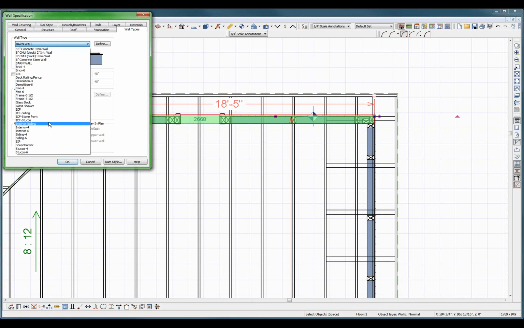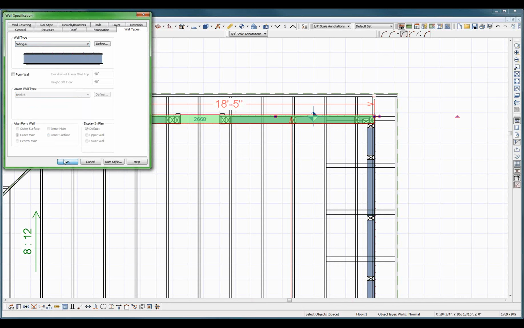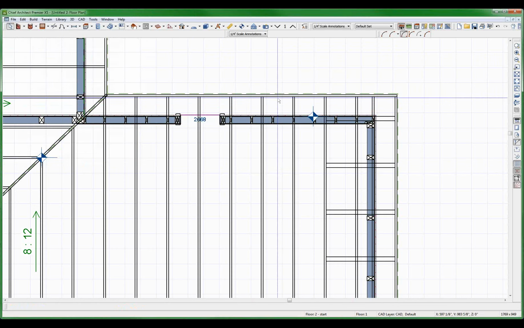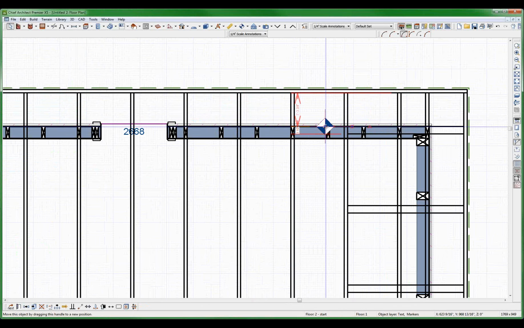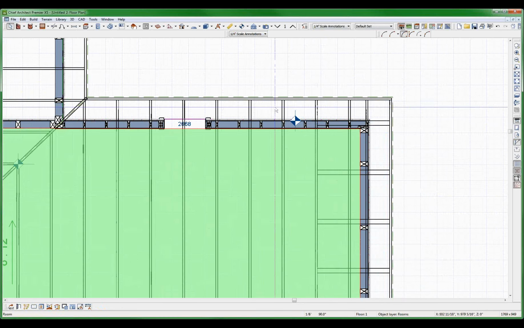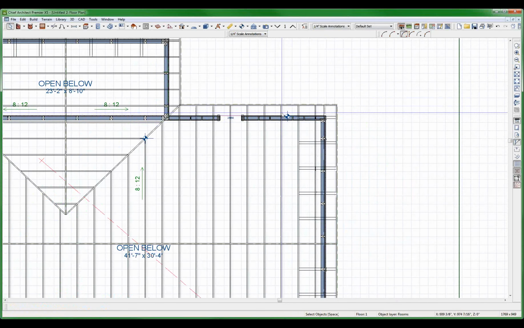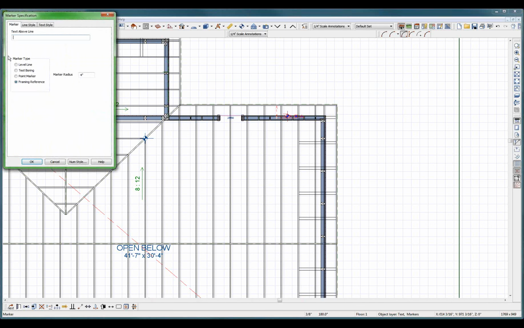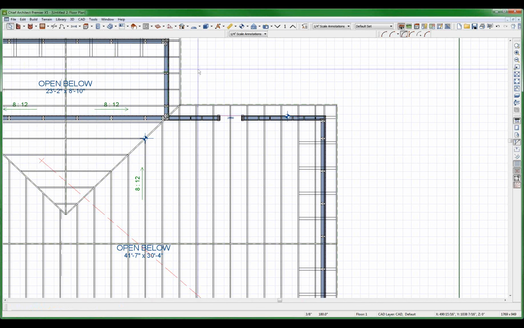Wall type is siding 6. Check that out. Oh wait. F12. Now why isn't the framing reference working anymore? That is a framing reference, right? Hang on.